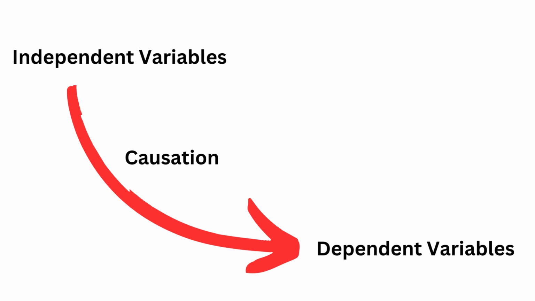What we would quickly figure out is that educational level is the independent variable. Income level becomes the dependent variable. As your education goes up, so does your income level. As it goes down, so does your income level. So income level is dependent on the educational level, which is independent.